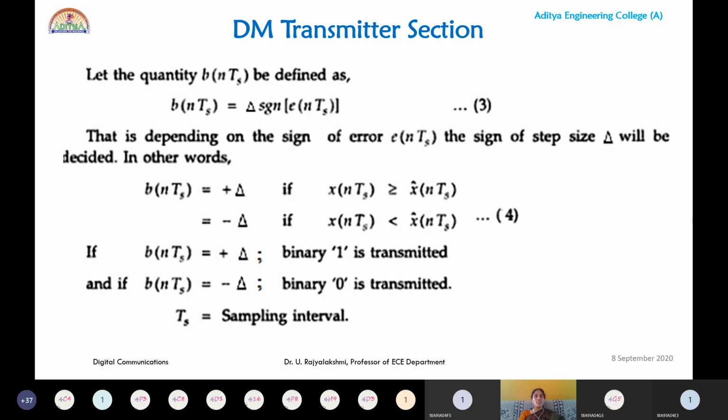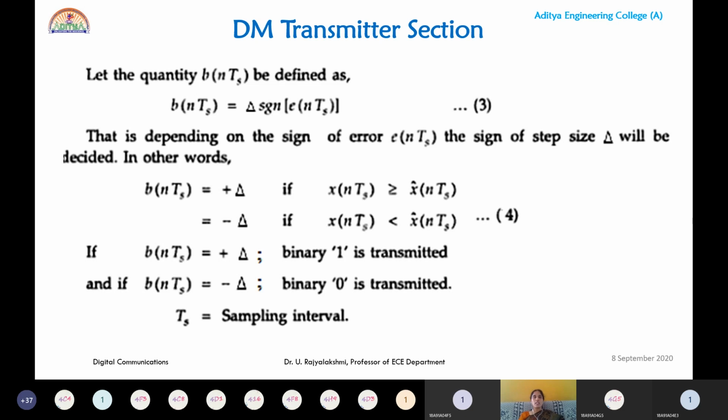So here there is no need of a separate encoding principle as in the case of PCM. Whenever the staircase waveform is modified by plus delta, data bit 1 will be transmitted. Data bit 0 will be transmitted when the staircase waveform is modified by minus delta.